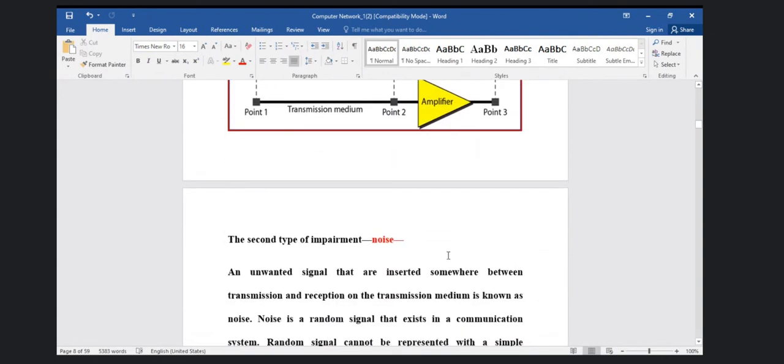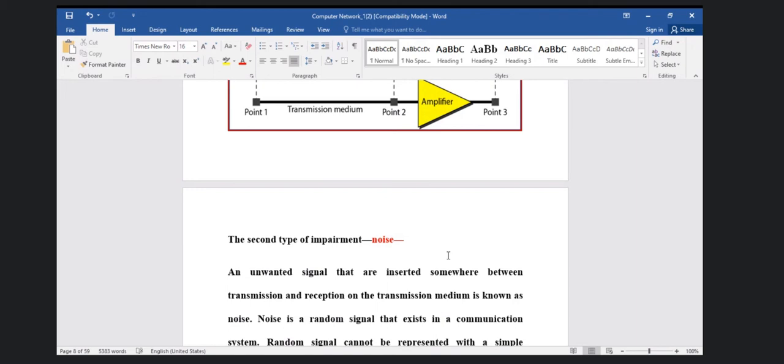The second type of impairment is noise, which is an unwanted signal, and noise is of different types. We have thermal noise, shot noise, intermodulation noise, crosstalk, and impulse noise.